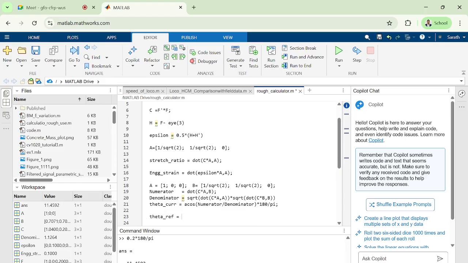Theta ref is equal to, what is the formula for theta ref? Theta ref equal to cos inverse of dot of A and B divided by norm of A and norm of B. Okay. There should be a bracket here. The denominator is a common.